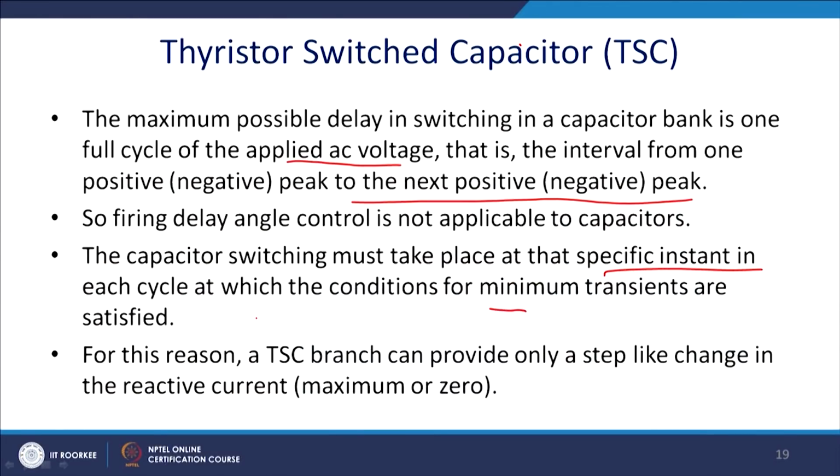Generally it happens twice in each cycle. So, it will be alpha or 180 degrees minus alpha. So, we have to see where you can conduct. In each cycle the condition of minimum transient is satisfied, and for this reason the TSC branch can provide only step changes in the reactive current, from maximum to 0.